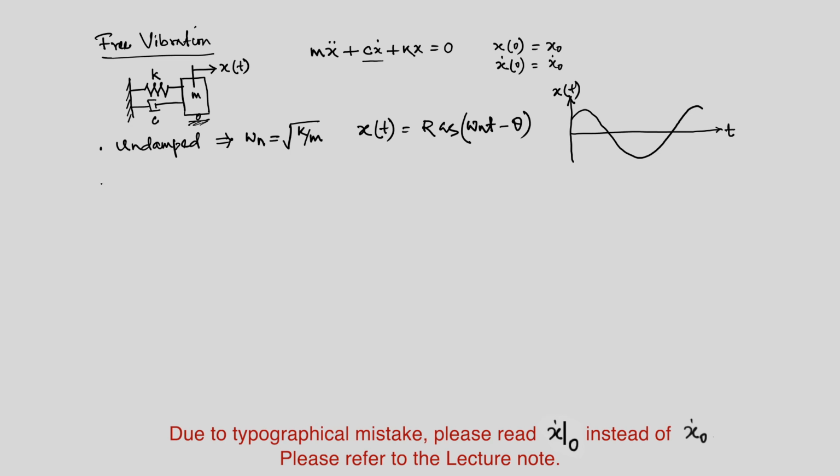Now, the second case is the damped condition, where we defined another parameter eta, the damping ratio, which is c by c r, where c r is the critical damping. So, if this is 1, we have critical damping.